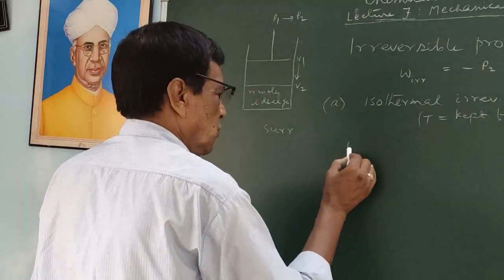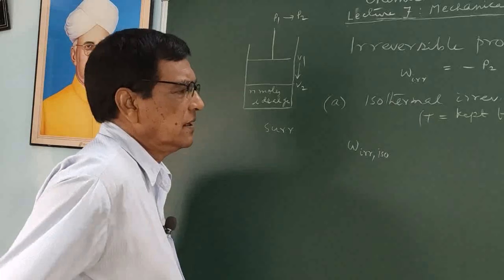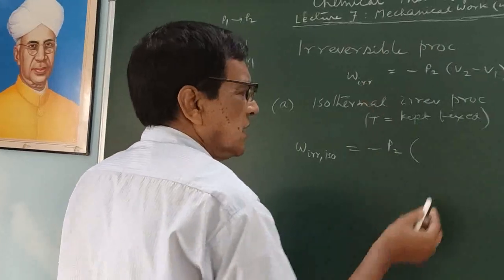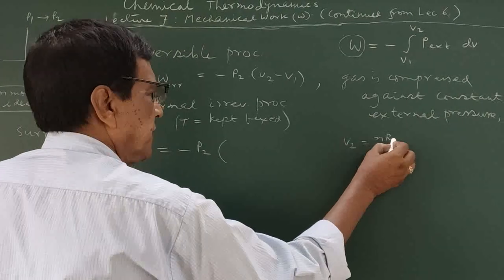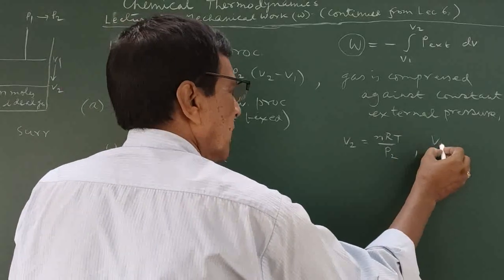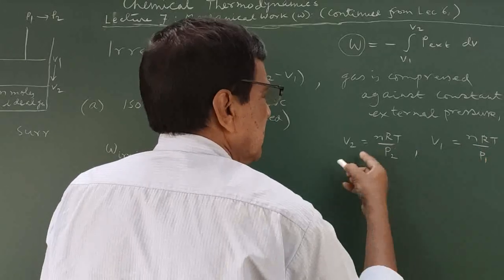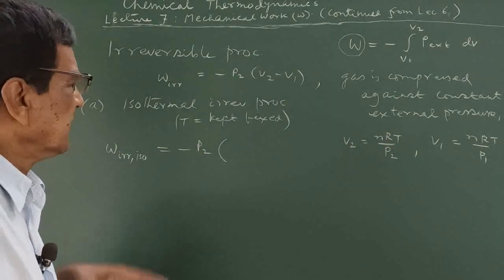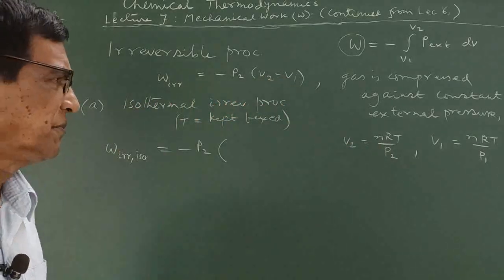So in this case, the work done in an irreversible isothermal process is equal to minus P2 times (V2 minus V1), where V2 equals nRT divided by P2, and V1 equals nRT divided by P1. T is constant. Naturally, we are using an ideal gas in this system, and V is replaced in terms of pressure.